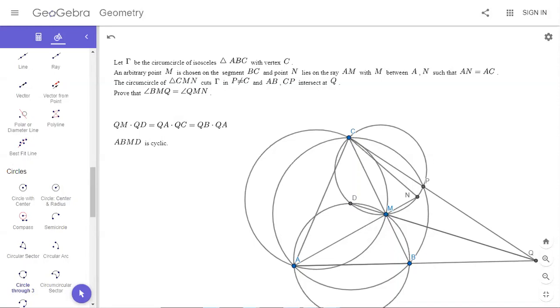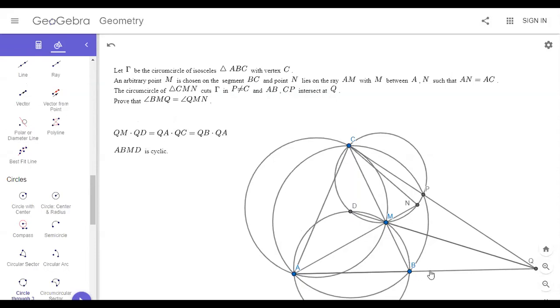So angle BMQ is equal to angle BAD. So basically we want to show angle BAD is equal to angle BMA. That's what it looks like.